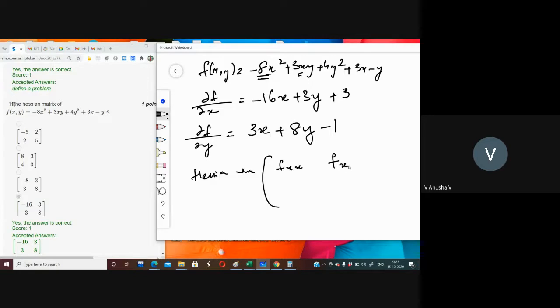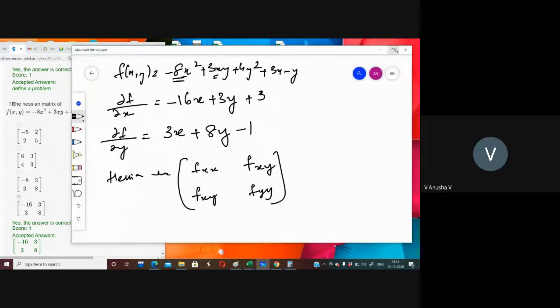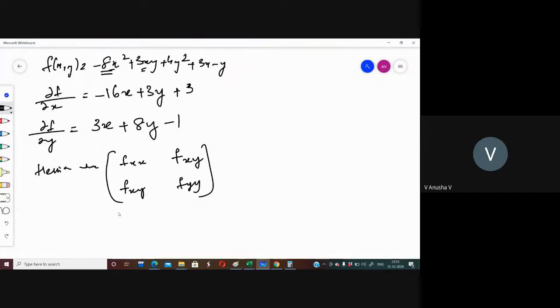Basically, the meaning of this is, you already have dou f by dou y, and you are differentiating this dou f by dou y with respect to x again. Here you have dou f by dou x, and you are differentiating with respect to y. That's the meaning of this.